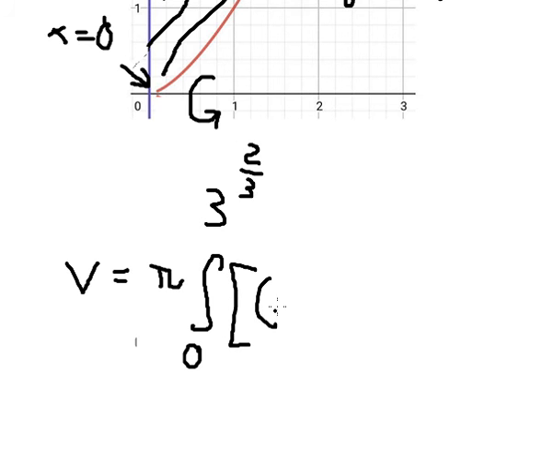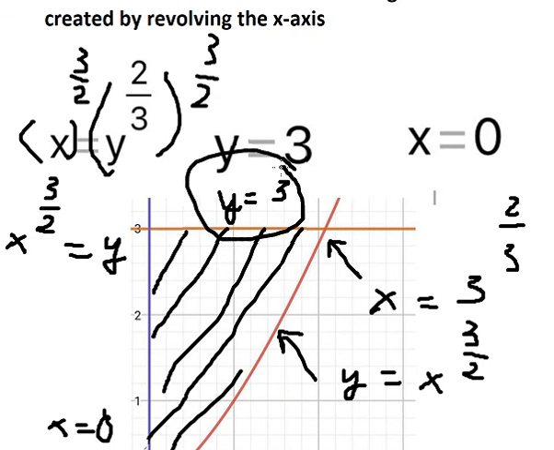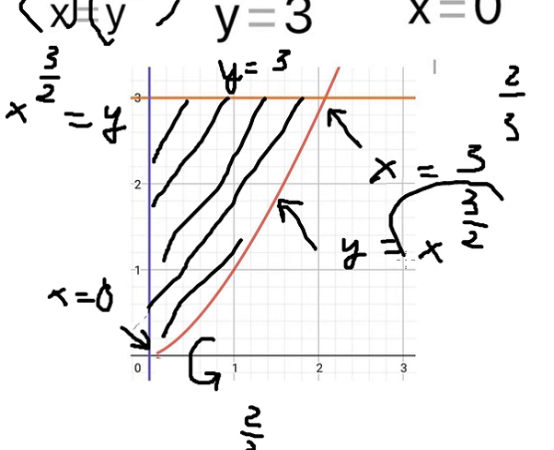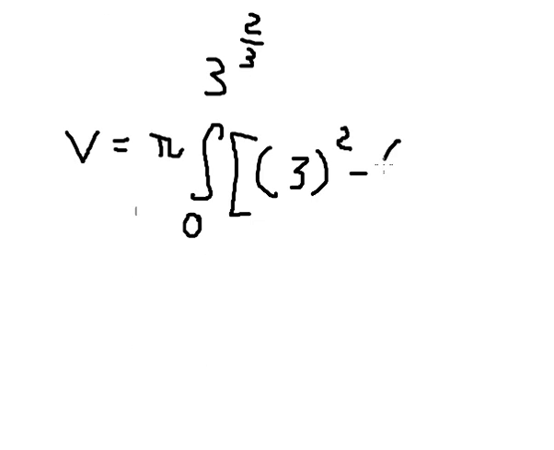So we know that number 3, that is the upper, will go first. And you got 3 to the power of 2 minus this function in here to the power of 2, dx.